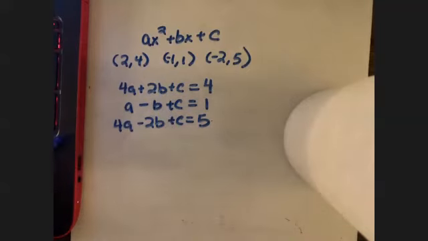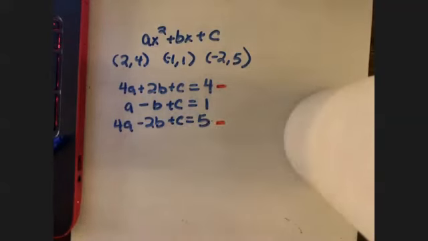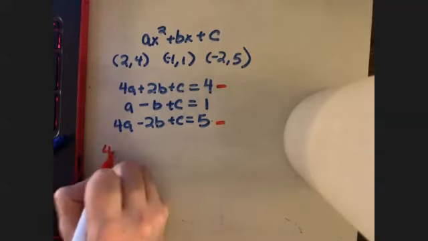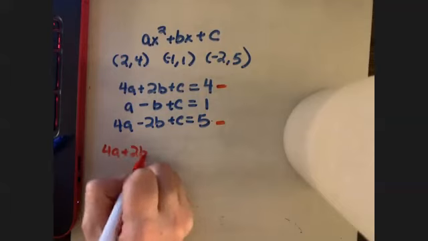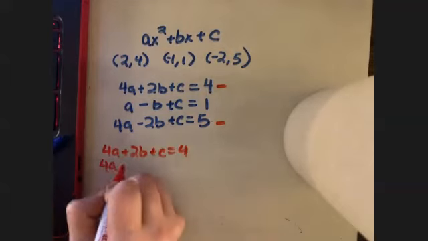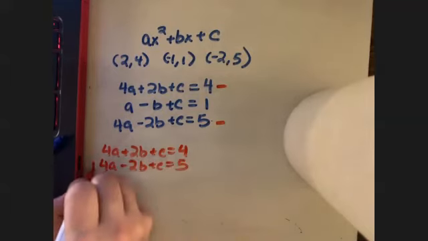So I'm actually going to make my b's go away. I'm going to match up this one and this one, because I don't have to do any changes to them. If I was going to do the c's, I would have to make a sign change happen. So we're going to add.